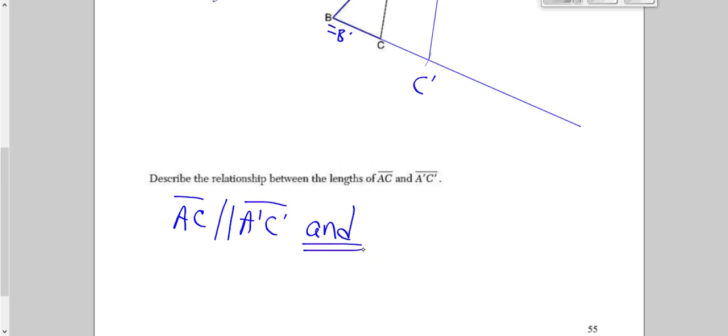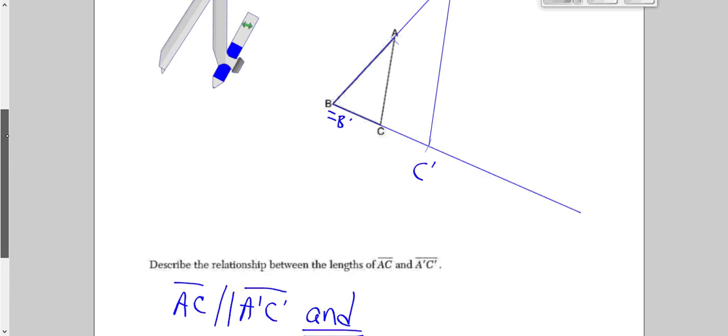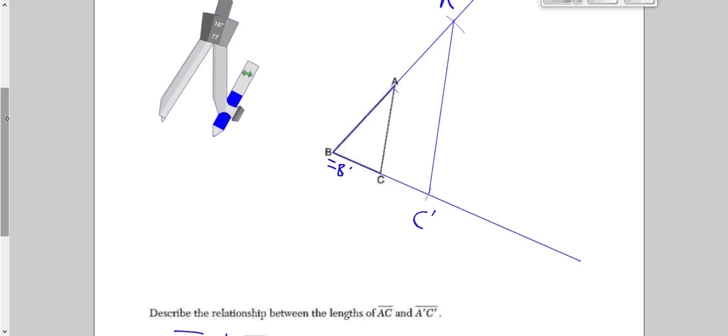Do you see any question about angles here? A prime C prime is double. Congruent? No. Similar? Not right. AC and A prime C prime segments, they're congruent? Well, let's look at them. How do they relate? What was the scale factor? 2. So, double. Okay, so what do we say?